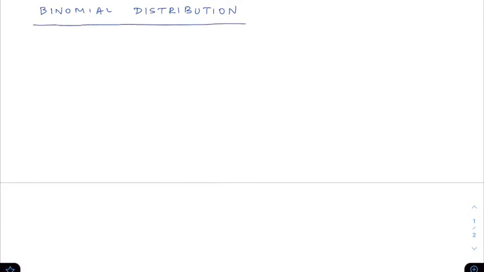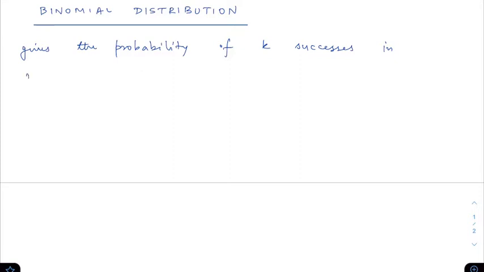The binomial distribution gives the probability of k successes in n independent Bernoulli trials.